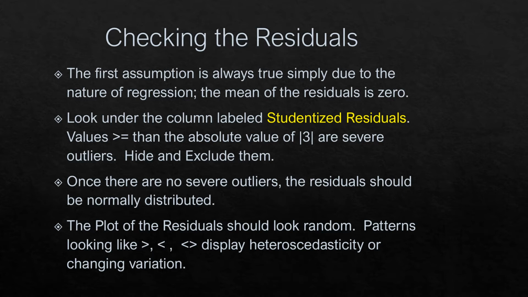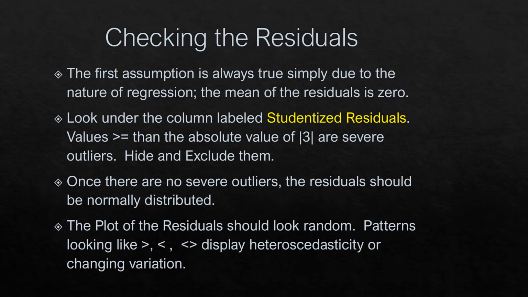Values under studentized residuals that fall between 2 up to the absolute value of 3 are considered suspicious, and often I make a note of those, especially as they approach the absolute value of 3. Then, once there are no severe outliers, we'll consider our data normally distributed.